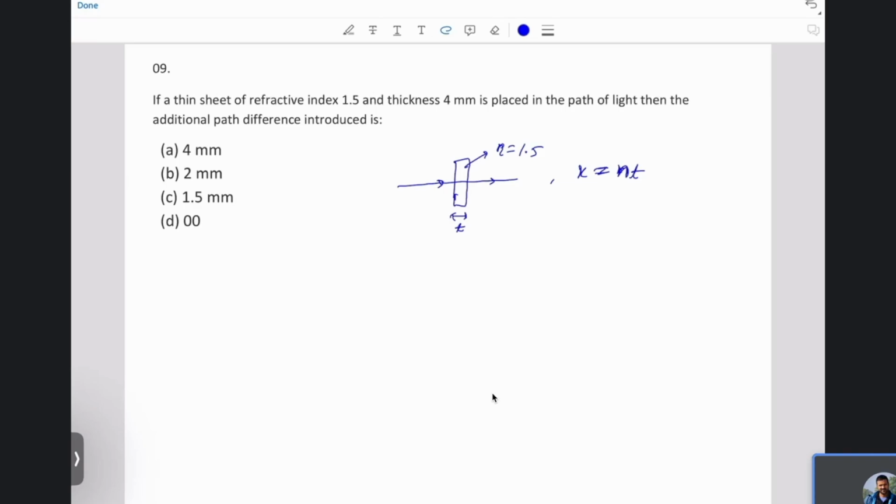So the path difference introduced will be just mu t minus t, right? Refractive index is 1.5, thickness is 4 mm. So just 0.5 into 4, that is 2 mm.